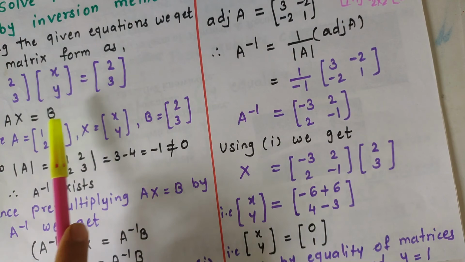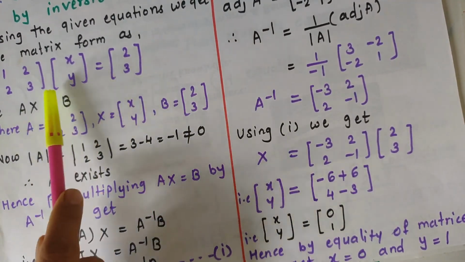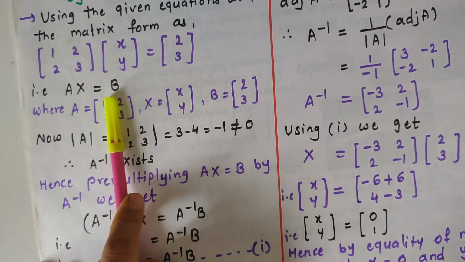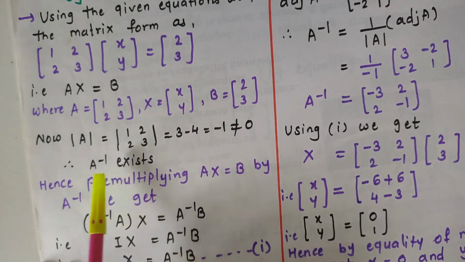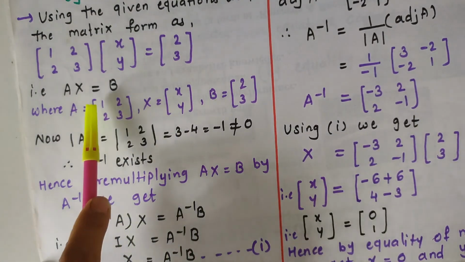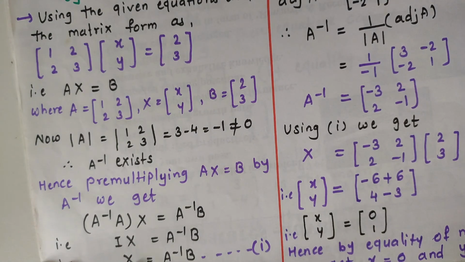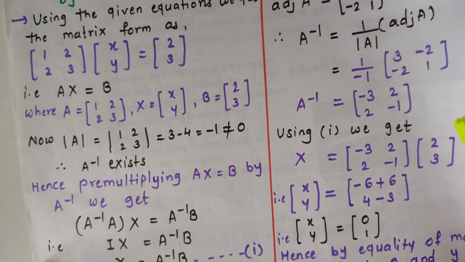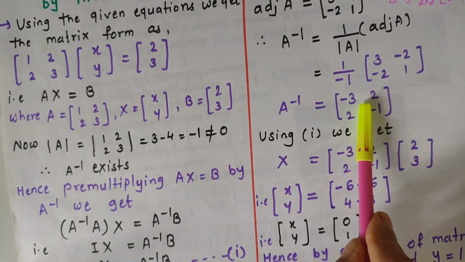There are 4 steps for solving this example. First, write the given equations in matrix form, A into X is equal to B. Then find the value of the determinant of A. Then A inverse exists, and multiply by A inverse to the matrix form AX is equal to B. Then we get the equation X is equal to A inverse into B. And in the last, find the value of A inverse by the adjoint method.